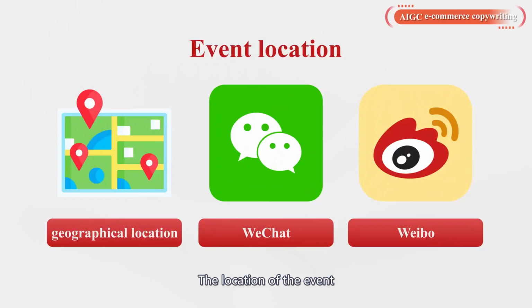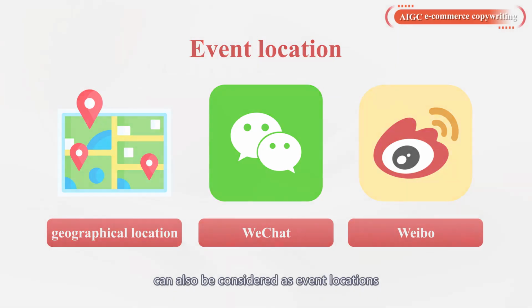The location of the event is not limited to real-life geographical locations, and application platforms such as WeChat and Weibo can also be considered as event locations.